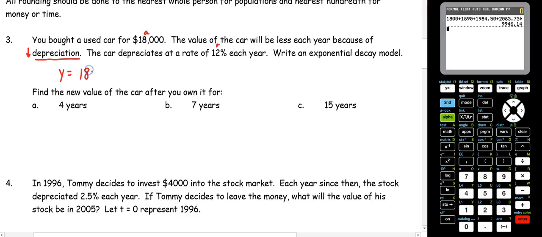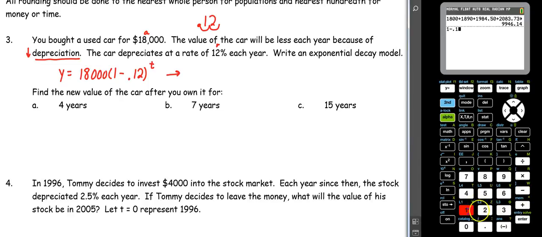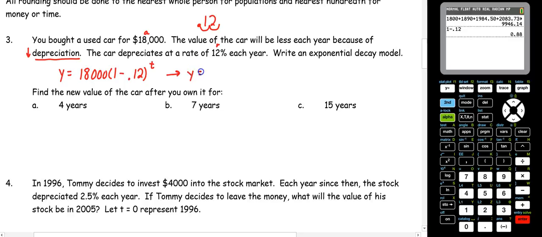So $18,000 times parenthesis 1 minus 0.12 to the t. So I can simplify 1 minus 0.12 is 0.88. So y equals 18,000 times 0.88 to the t.